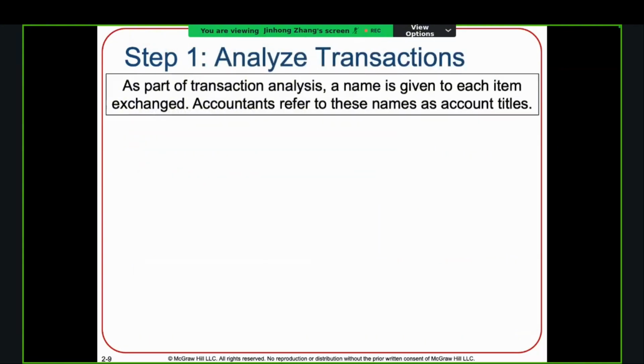As part of transaction analysis, a name is given to each item exchanged. Accountants refer to these names as account titles. Now we are going to create account titles for your business, for your budget. Name them in a way that is professional and also specific, as I said last time, so that it tells the story.